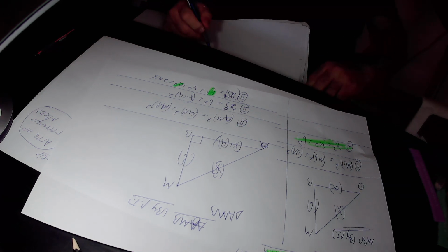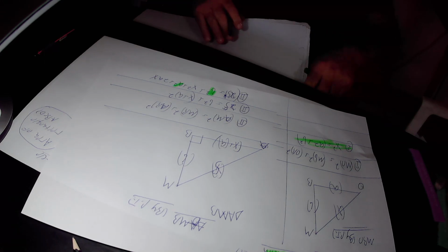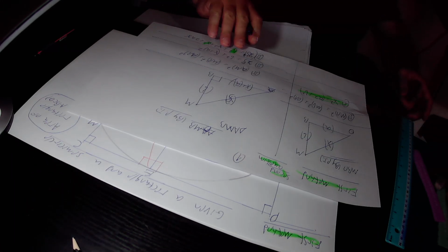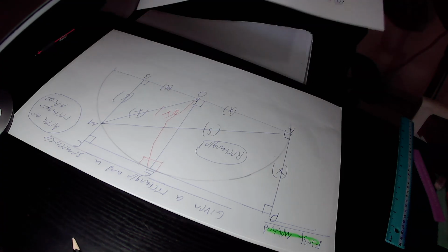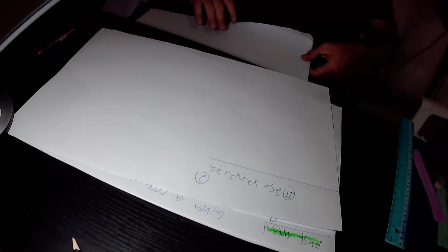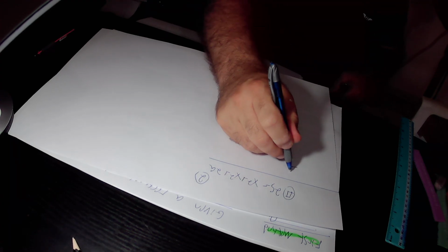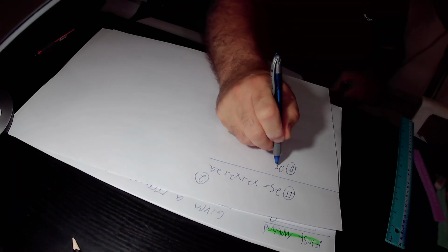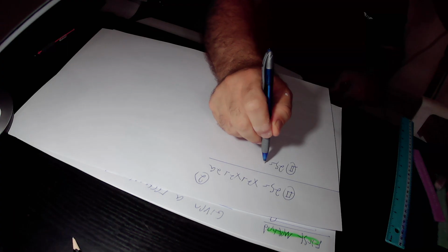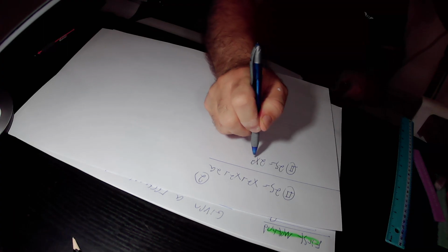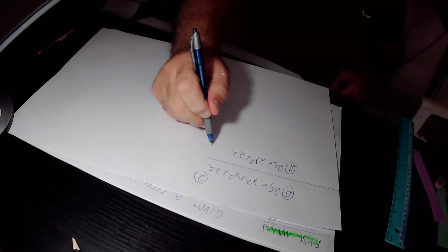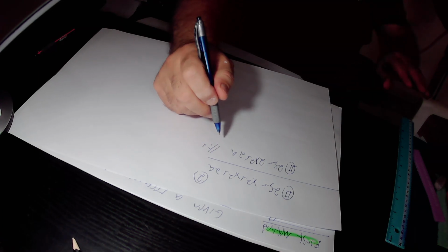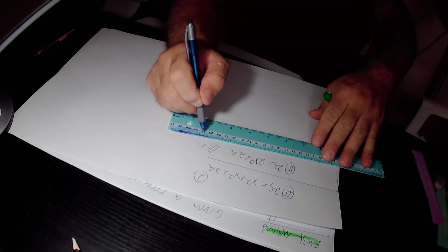According to equation 2, we found out that 25 equals x squared plus x squared, which is 2x squared, plus 2ax. Here we divide this equation by 2.